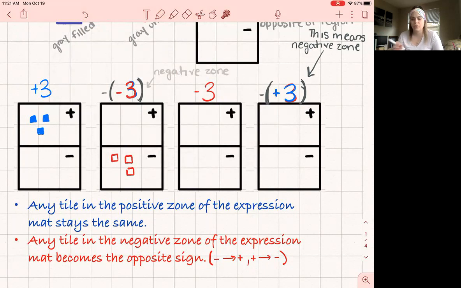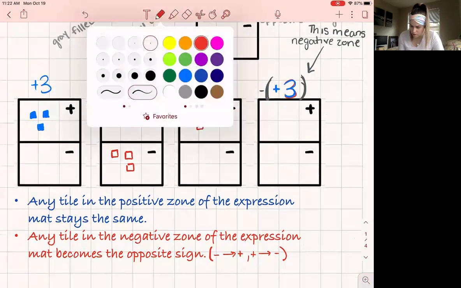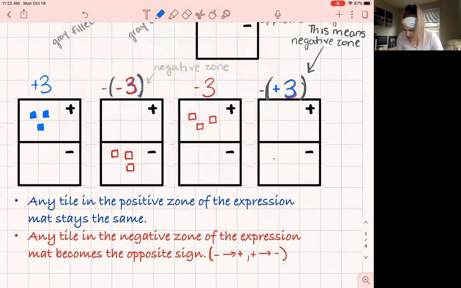So then if I want to show -3, I can do the very simple way of putting 3 negative tiles up in the positive zone. Everything that's in the positive zone is what it is. Or I can put 3 positive tiles in the opposite of zone, because again, anything down here is the opposite of what it says it is. So it says it's 3 positive tiles. The opposite of that is -3.